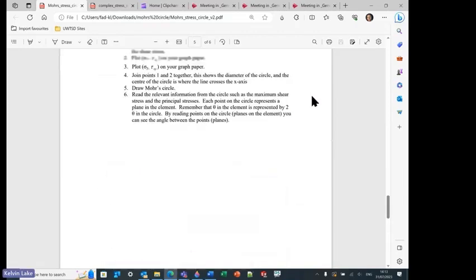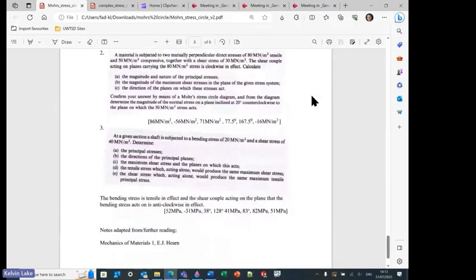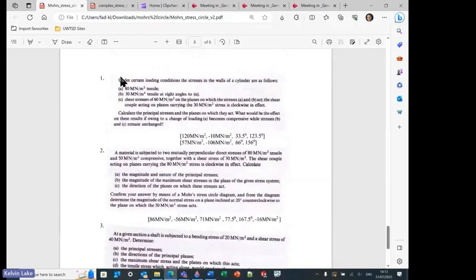So at the end of the Mohr's Circle handout, we've got 3 questions. Question 1 has 2 parts to it. We've got this loading condition as part A, and then part B says on these results, if owing to a change of loading, A becomes compressive whilst B and C remain unchanged.